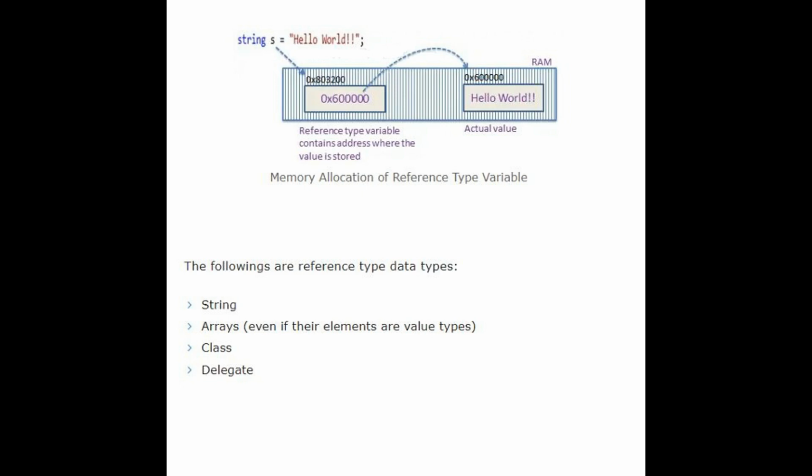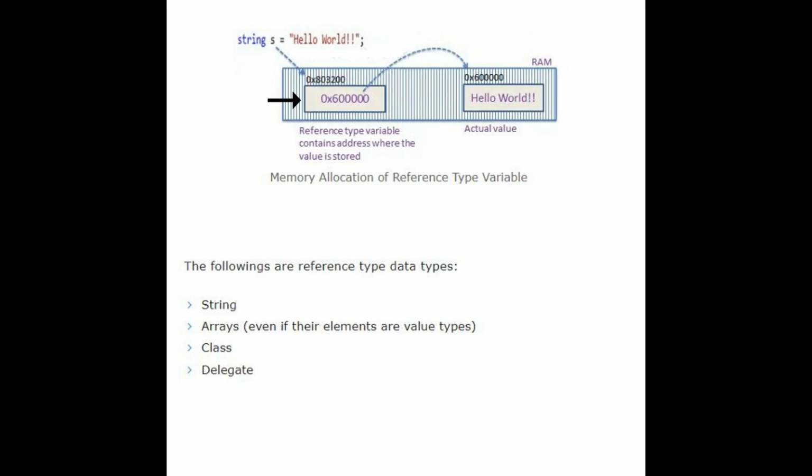So in this diagram we have a variable called s, and this variable is of type string, and we've assigned the value hello world to s. So when we look at how this is stored in memory, we can see that the variable s contains the address of where hello world is actually stored on the heap.